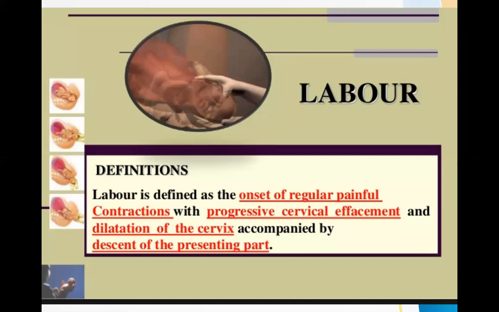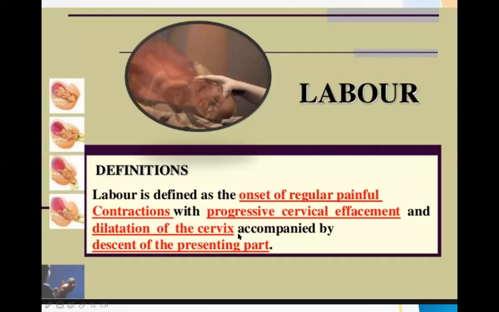Softness and thinning of the cervix. Good, good. Many of the students are answering it correctly. This is thinning and stretching of the cervix. Remember, if a cervix will get thinner, there has to be stretching. If you just say thinning, it will be fine, no problem. So this is called effacement.